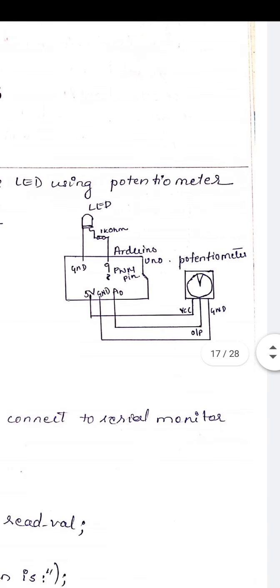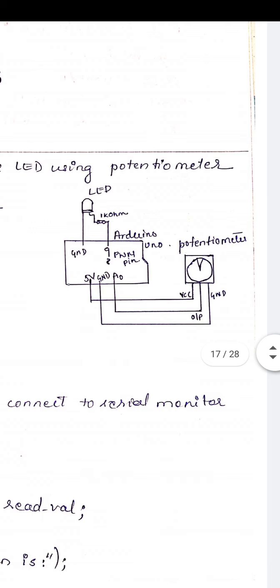All we need is an LED and a potentiometer. The connection of the LED is the same, the only difference is you need to use any one of your pulse width modulating pins. I've chosen pin number 9.